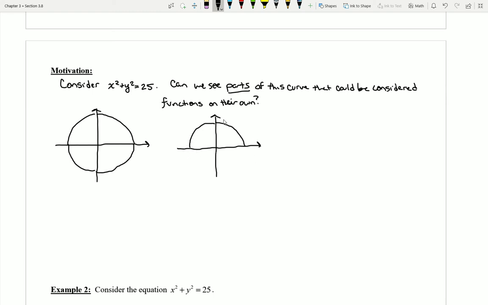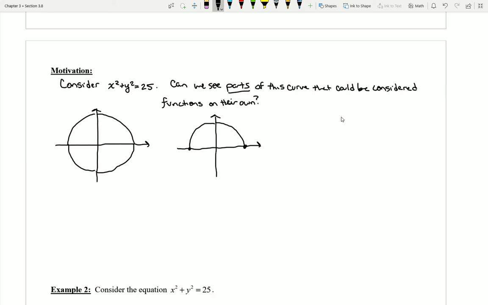Would this top portion just by itself be considered a function? And I could say, well, yeah, by itself, this would perfectly pass the vertical line test, right? So this is a function that's hidden inside of this larger overall picture. But can I find any more hidden functions?